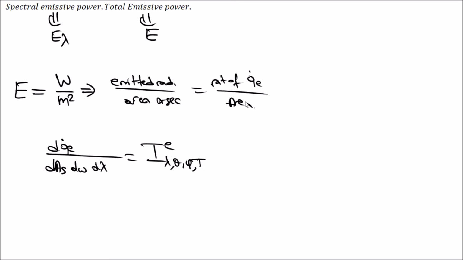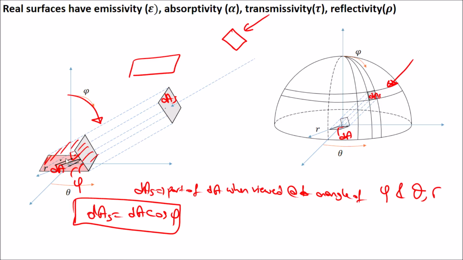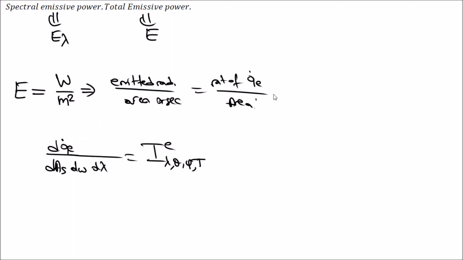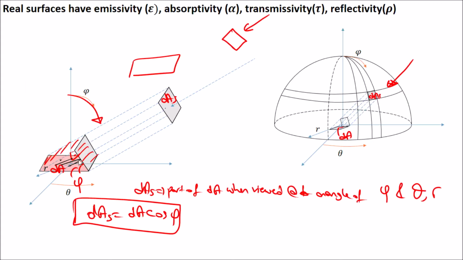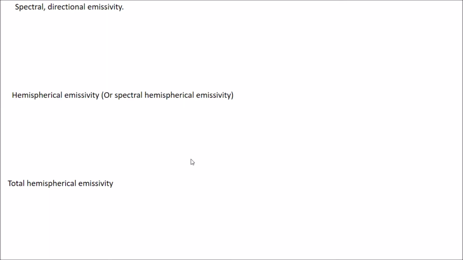But in this case, which area? Do we mean the first area or the second area? Here we are taking the first area, or original area, A, because when we talk about the emitted radiation from the surface, we are talking about the original surface.